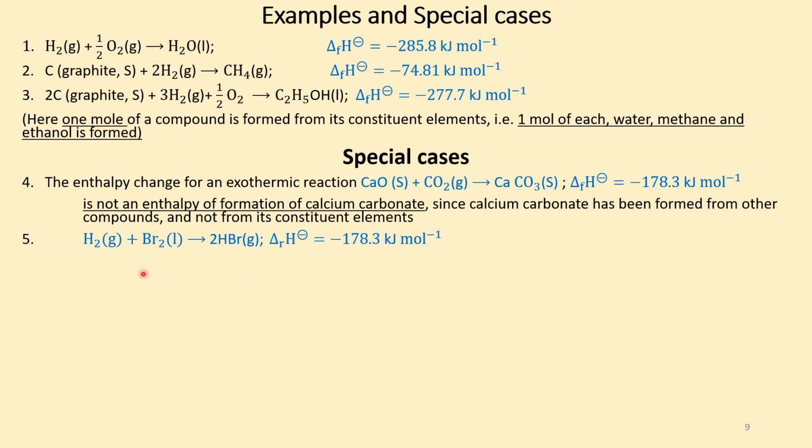Second example is H2 in gaseous state plus Br2 in liquid state combine to form 2HBr, which is in gaseous state, and its reaction enthalpy ΔrH° is minus 72.8 kilojoules per mole.